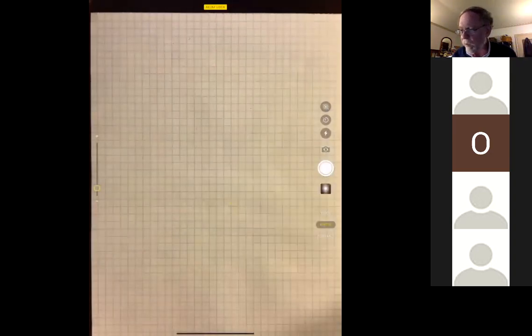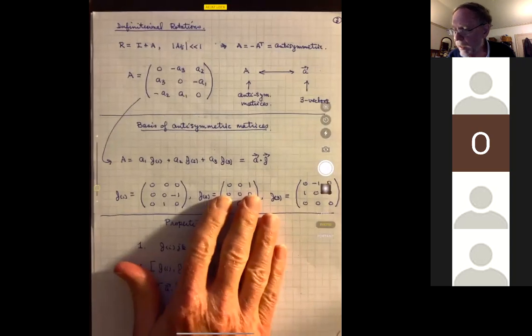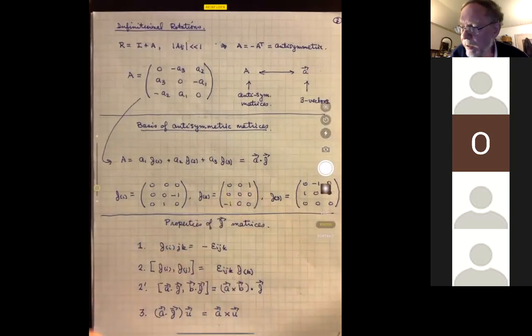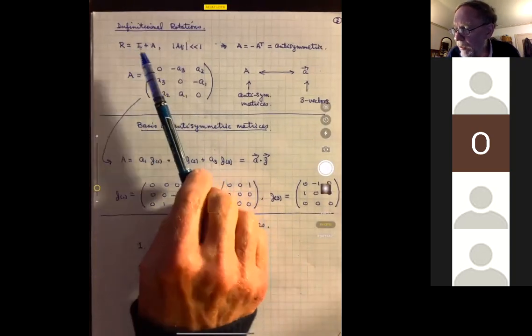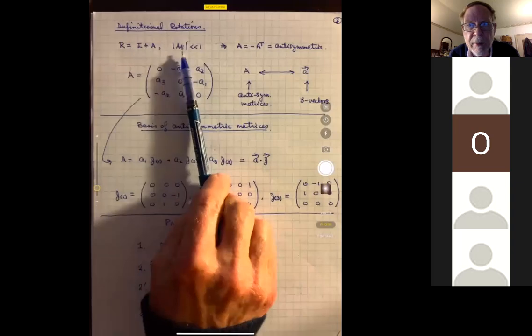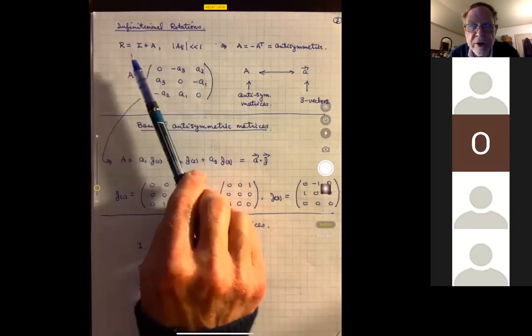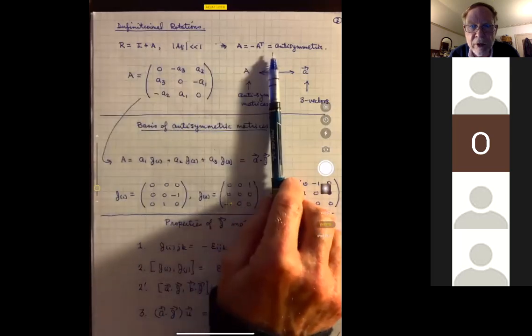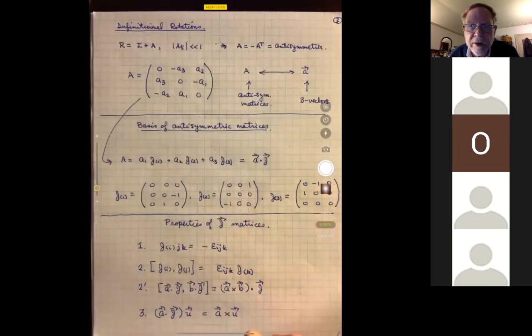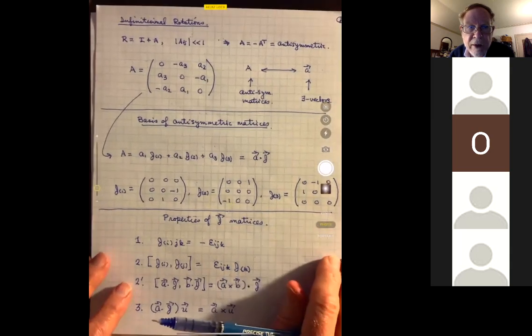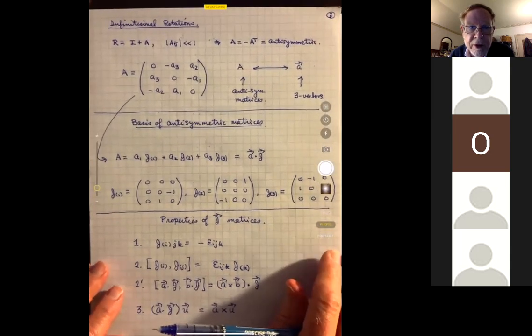Now, we also looked at infinitesimal rotations last time, and the story is this. If I write R as identity plus a small correction A, where A is a matrix of small matrix elements, we find from the definition of rotations that A is an antisymmetric matrix. So this leads us to the subject of antisymmetric matrices, which are important in the theory of rotations.